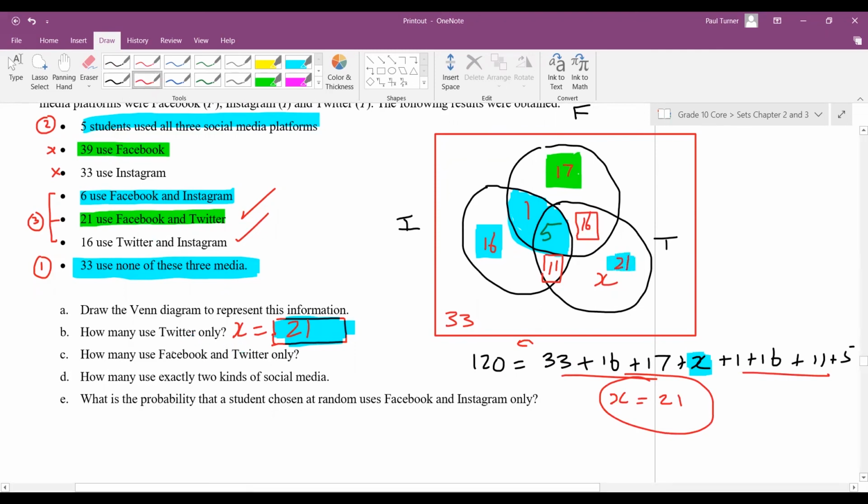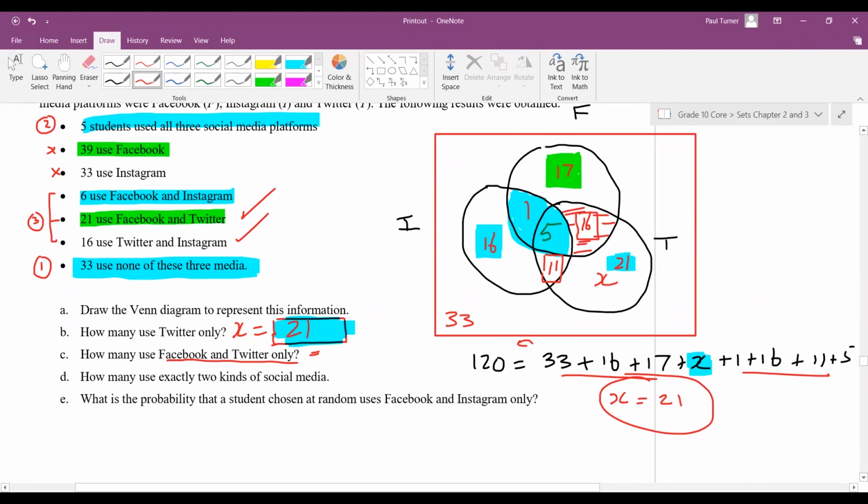How about this one? How many use Facebook and Twitter only? Facebook and Twitter only. This one, isn't it? Facebook and, not or, and. Facebook and Twitter together. It would only be this one, wouldn't it? Okay. 16. Yeah, Facebook and Twitter only.